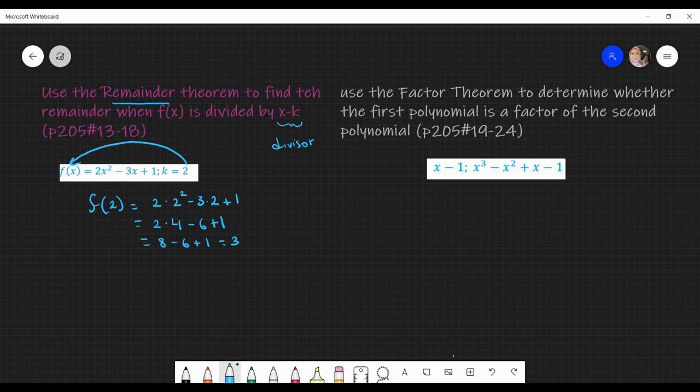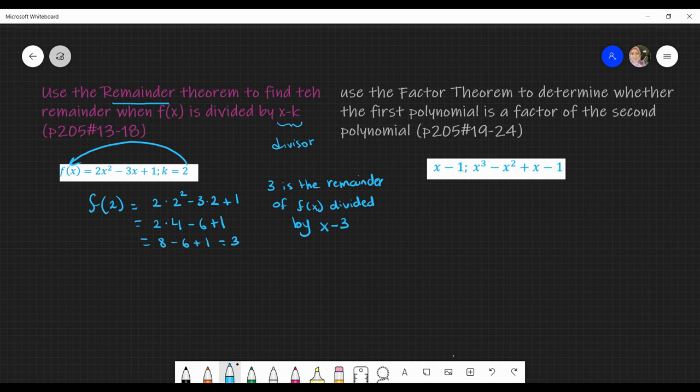So what is 3? You need to understand what you got. So 3 is the remainder of which division? When we say the remainder, there's a division that happened of f of x divided by x minus k in general, but more specifically, it's here x minus 2, and that's the divisor.